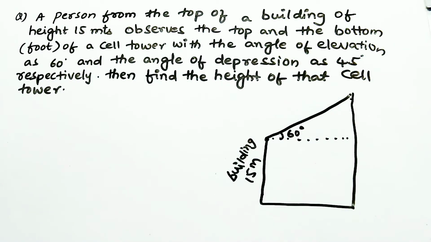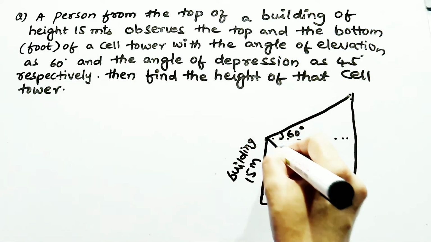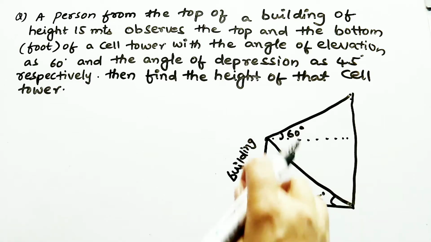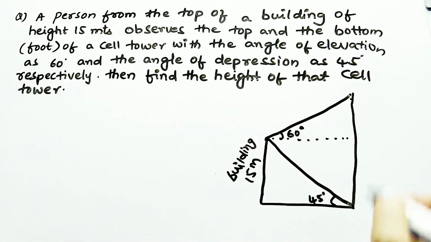What I said, angle of depression means he is seeing down. He is seeing the bottom of your cell tower with an angle of 45 degree. What is your building height? 15 meter. This is your cell tower.